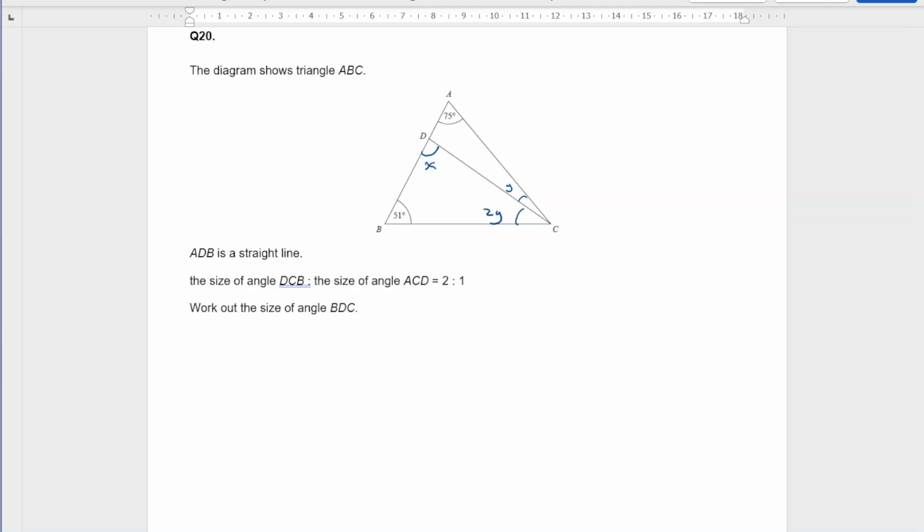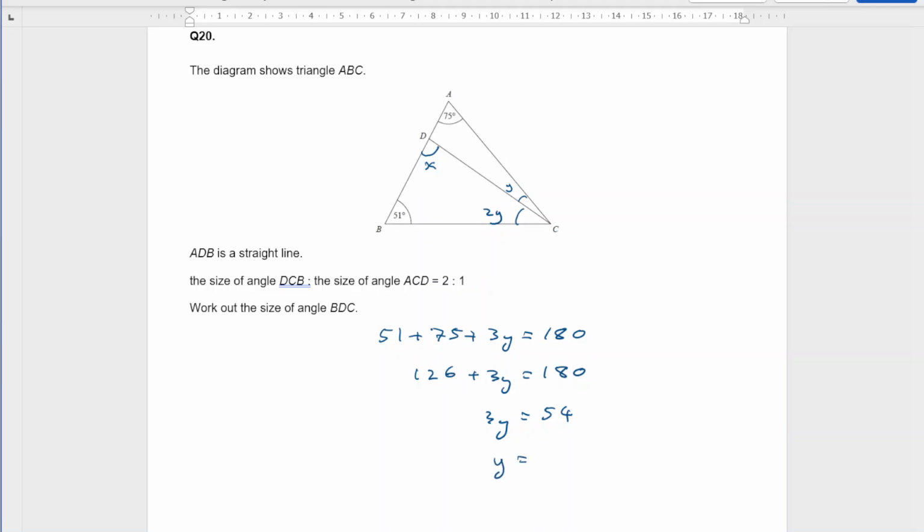But to do that, angles in a triangle need to add up to 180, so 51 plus 75 plus 3y would be equal to 180. So that's going to be 126 plus 3y is equal to 180. So 3y is going to be equal to 54.